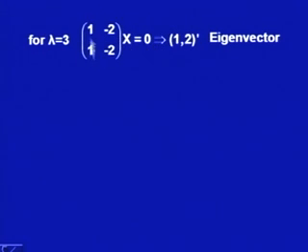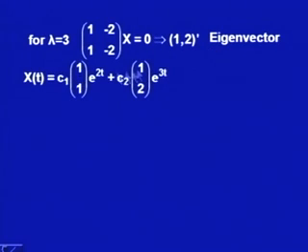Again these two rows are identical, and this gives us the eigenvector as (1, 2). Once we have obtained eigenvalues and corresponding eigenvectors, x(t) is equal to C1 multiplied by the first vector times e^(2t), plus C2 the second vector (1, 2) times e^(3t). So, this is the solution of the given system of differential equations.